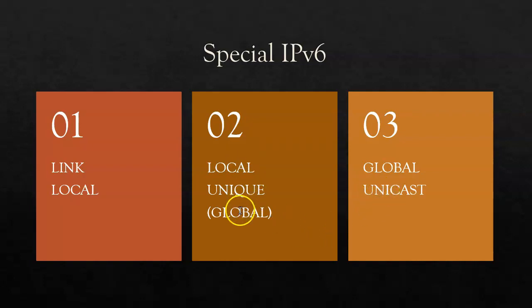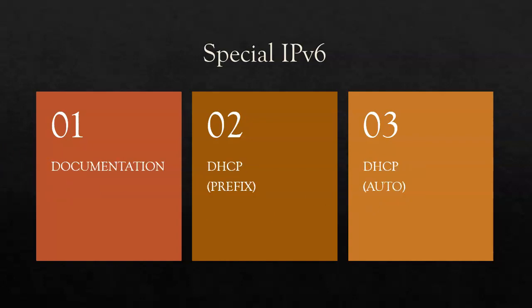My unique local addresses are more like how I would number my whole network, inside devices. And global unicast routing would be how I would route between networks. And then I have this other special type of address, the documentation address, which is the one you see a lot of times. It's the one that looks like 2001:DB8.